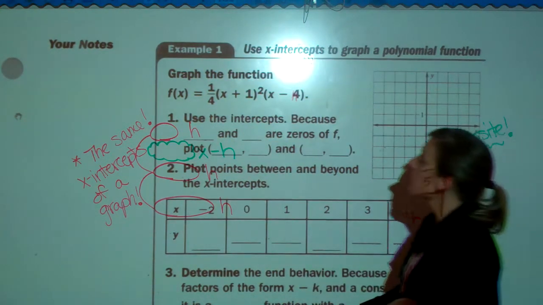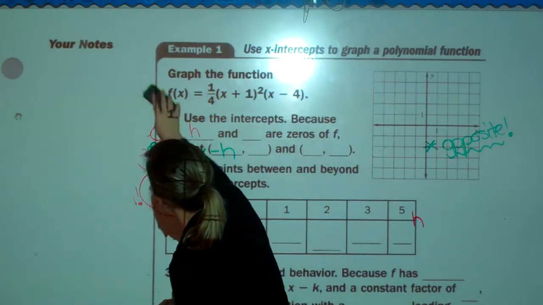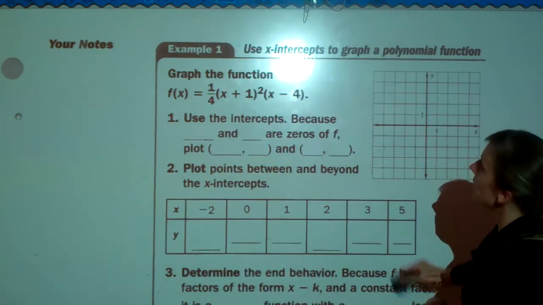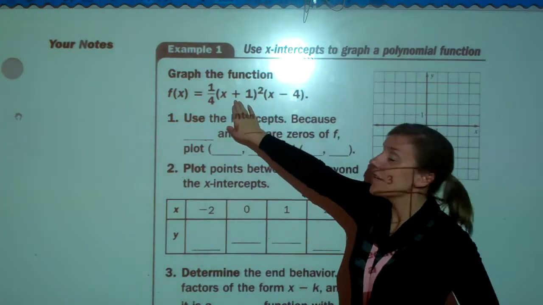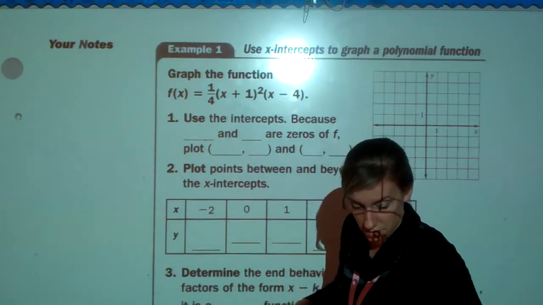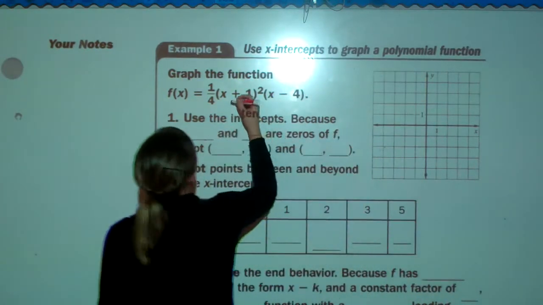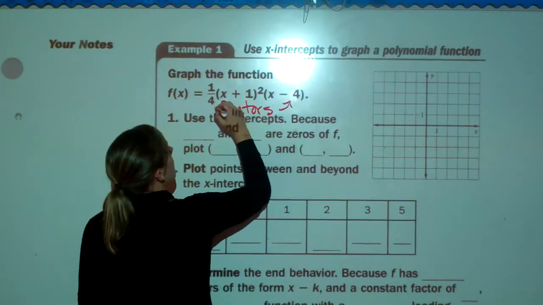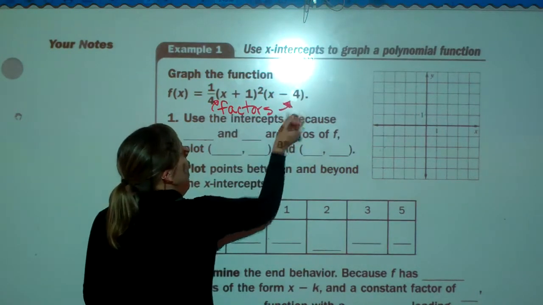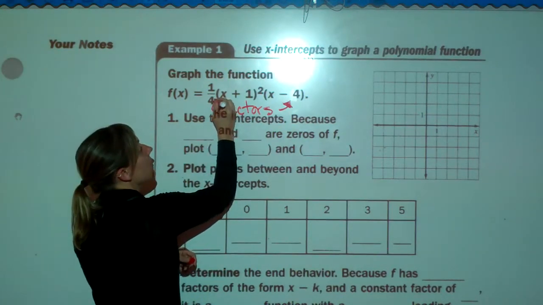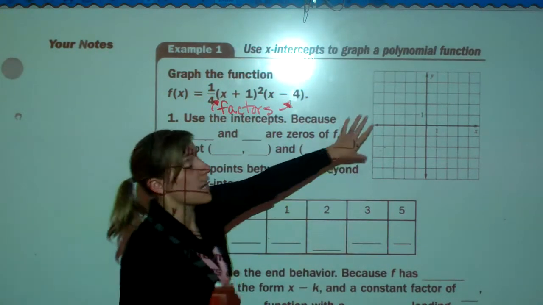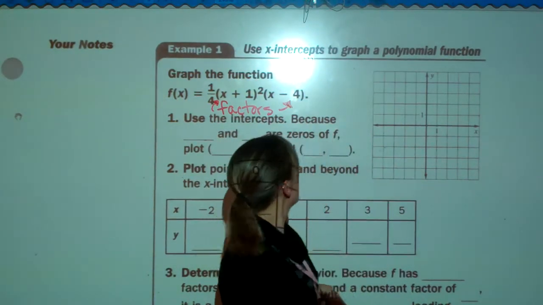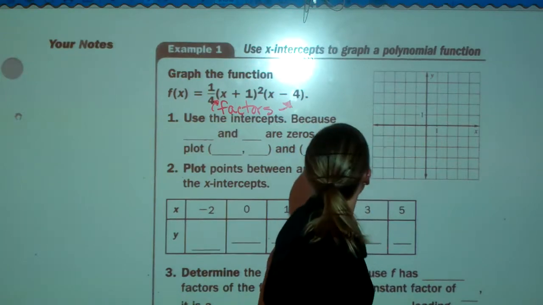All right, so for example 1, we're going to go the opposite direction now. And we are going to say, okay, well, since this is a factor, that means that the solutions, or the x-intercepts, are the opposite of those. So let's think of it this way.